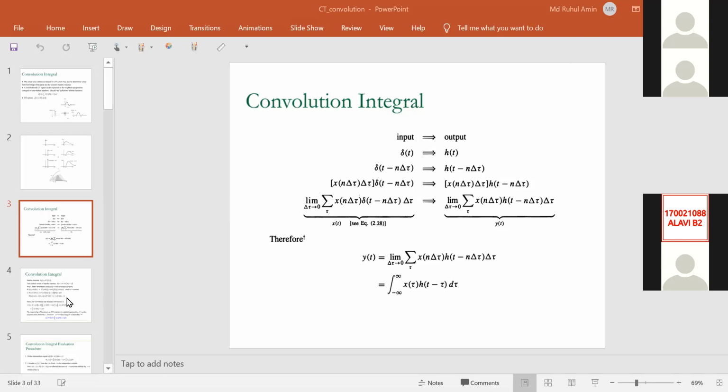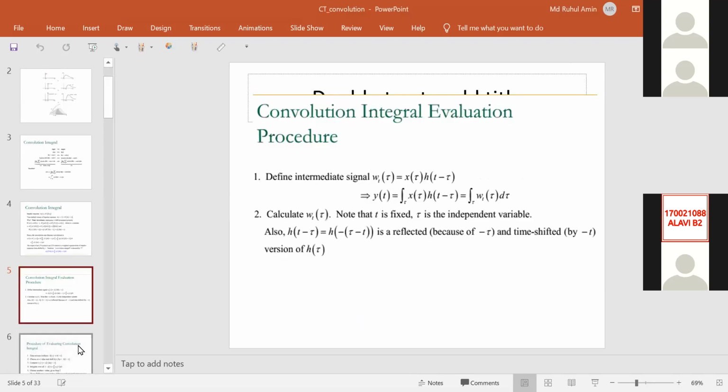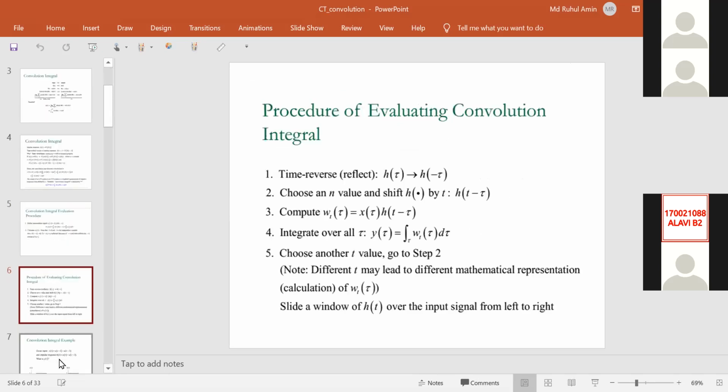I will be discussing more about the graphical technique. The whole procedure of evaluation is described there in your book. You can have a look.